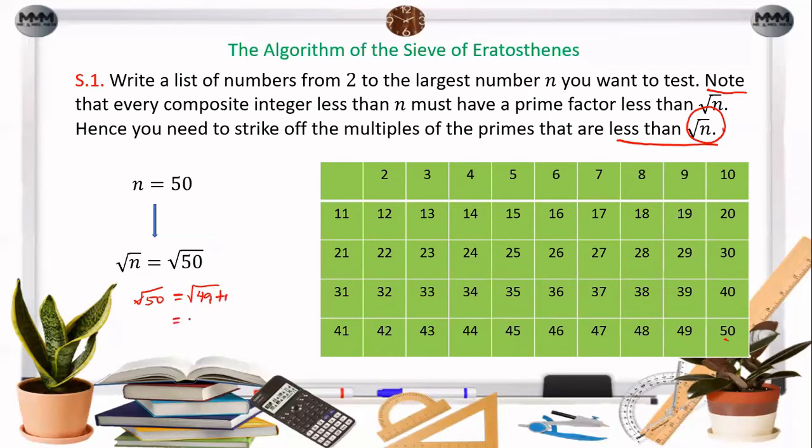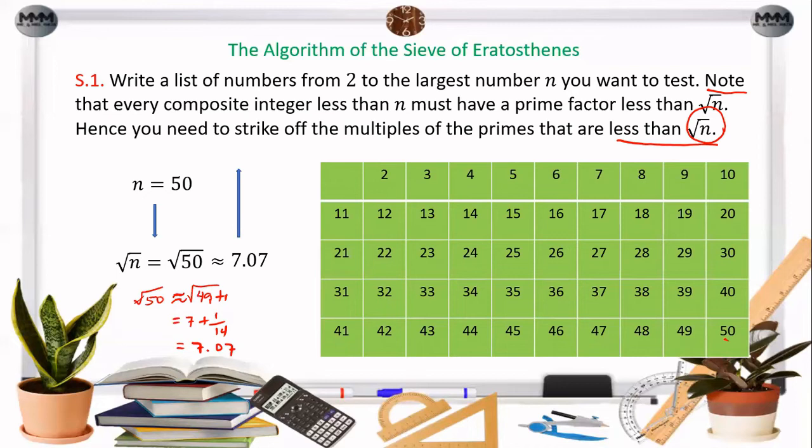So the square root of 49 is 7, plus 1 over twice of this, which is 14. This value, 1 over 14, is approximately 0.07. Hence, the square root of 50 is approximately 7.07.